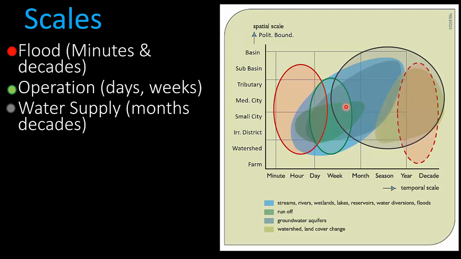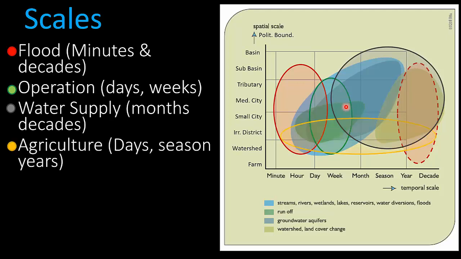The reality is that they are in one. Agriculture, yes, it can go from minutes, hours in terms of irrigation systems, to seasonal, when you start having all these growing seasons, this year, and the interannual variability and the decadal variability. And usually it's at a smaller spatial scale.